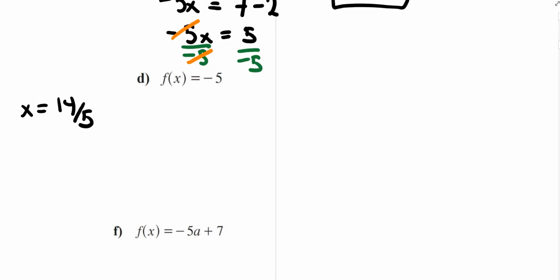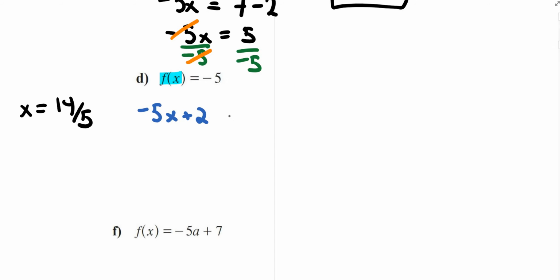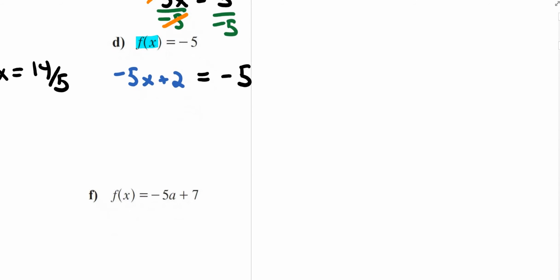Okay, let's move on to letter D now. For letter D, I know f of x. F of x is equal to negative 5x plus 2, which was given to us at the start of the problem. And on the right-hand side here, I have negative 5. Once again, we're just solving for this x variable.